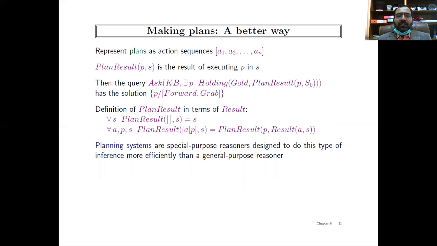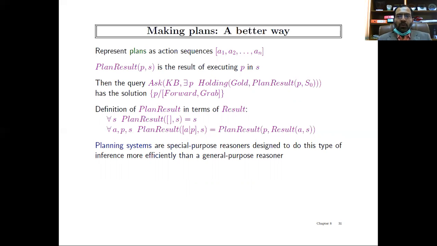Represent a plan as an action sequence. Yes, you can also represent your plan with an action sequence. Let's suppose in the Wumpus problem, you can define a sequence where you take the first action like this, then the second action, then the third action. If you define all those actions in a sequence, it will be like A1, A2, dot dot dot, AN.